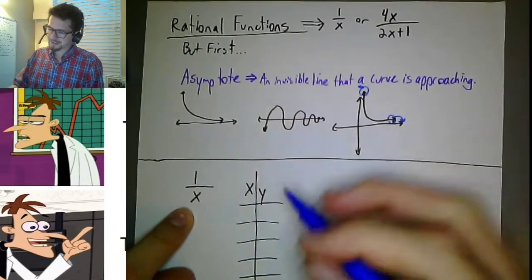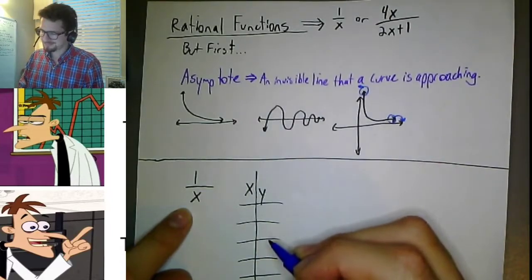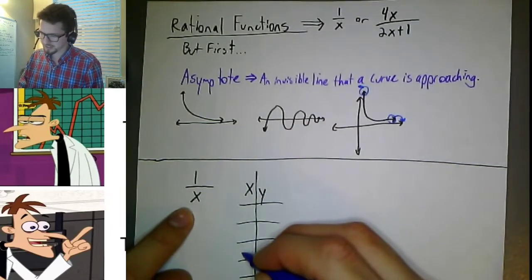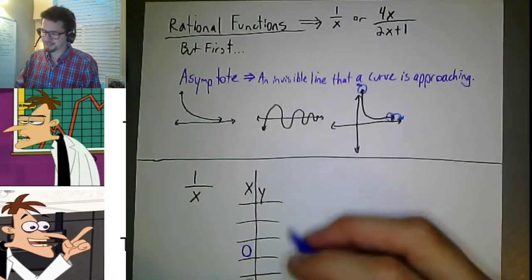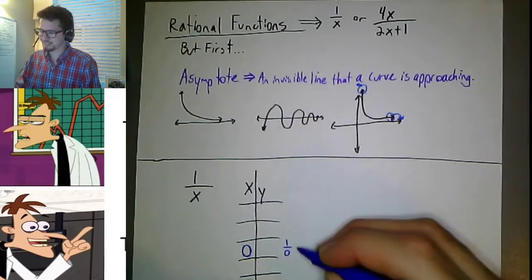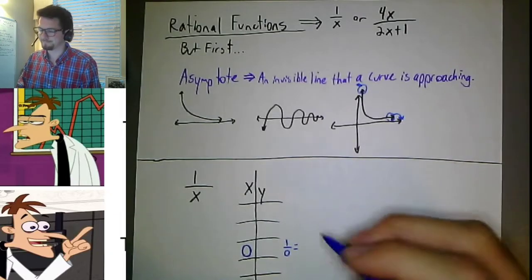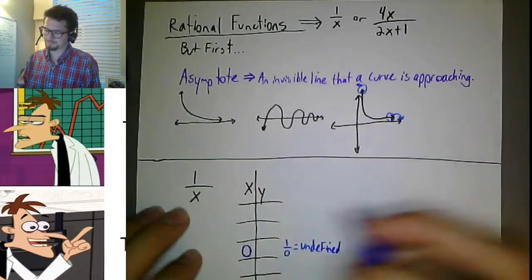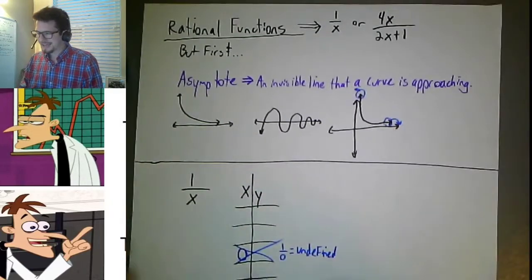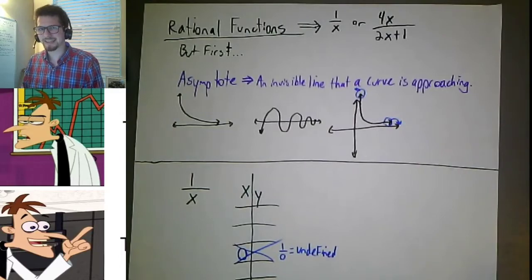So, 1 over x. Let's start with 0, just for kicks. What happens if I plug in 0 for x? What is 1 divided by 0? It doesn't exist. So we don't have any points crossing that.